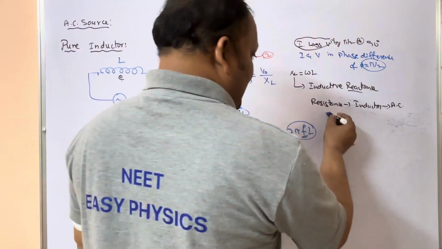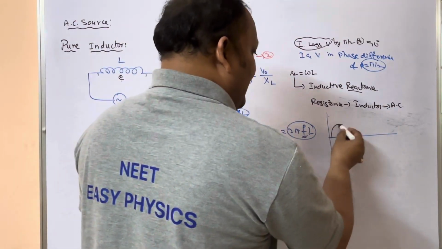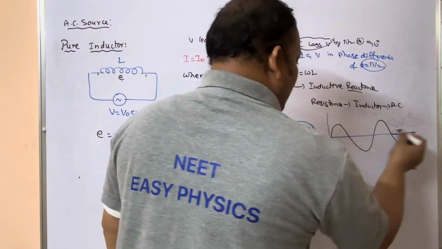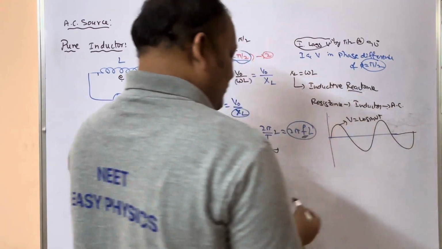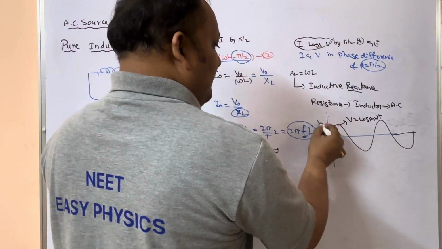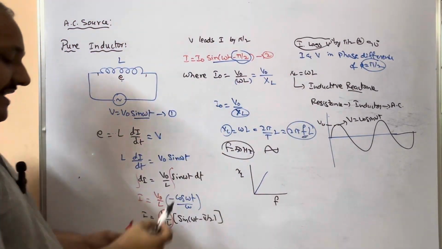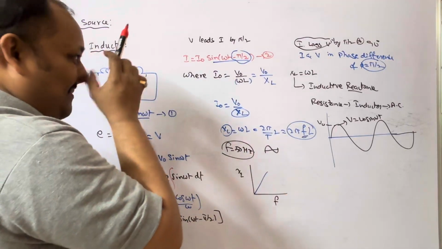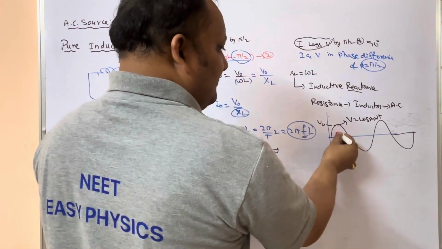Next, wave representation. If you take the wave representation, one wave is always common for all. This is V equal to V naught sin omega t, going to plus V naught and on the negative side minus V naught. Now, how will you represent I equal to I naught sin omega t minus pi by 2? Current is lagging, therefore it will lag by 90 degrees.